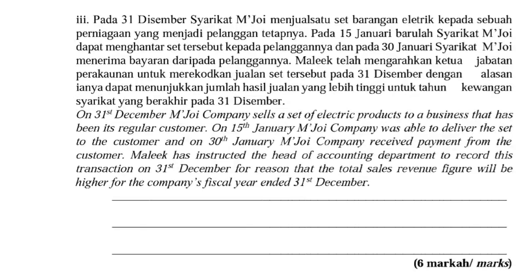Malik has instructed the head of the accounting department to record this transaction on 31st of December for the reason that the total sales revenue figure will be higher for the company fiscal year ended 31st of December. So, what do you think? What is the accounting principle that has been violated?